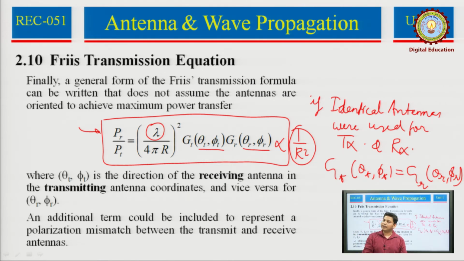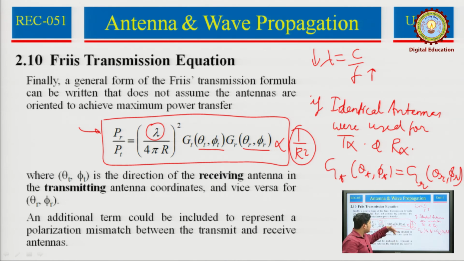Lambda is nothing but wavelength, and wavelength lambda is equal to C by f. If frequency is increasing, lambda is decreasing. So, the higher the frequency, the ratio is again smaller, and again GT and GR gain are directly proportional to this ratio. Okay. So, this way we can analyze our Friis transmission equation.